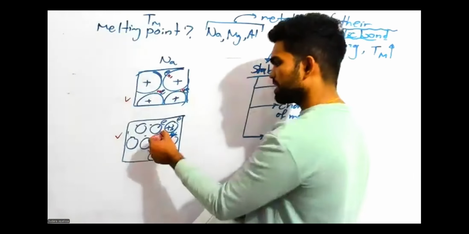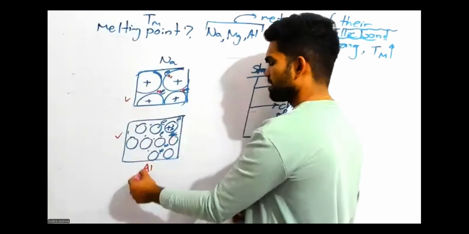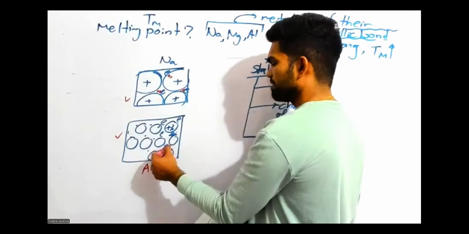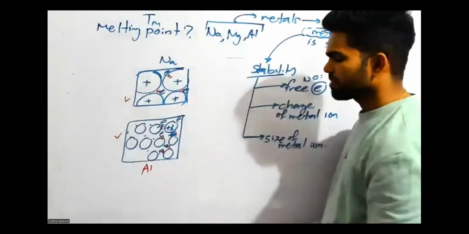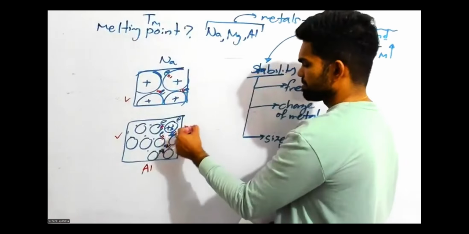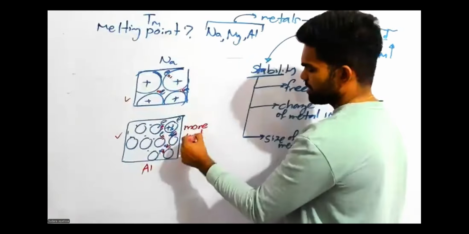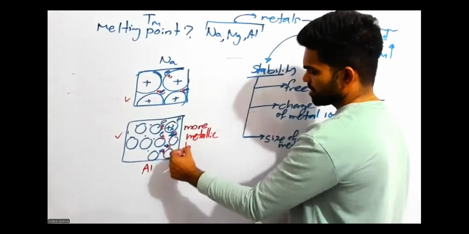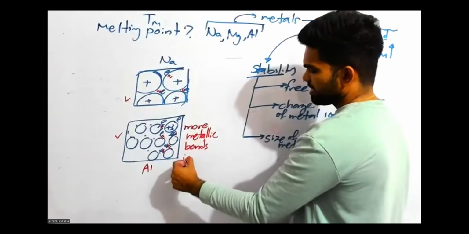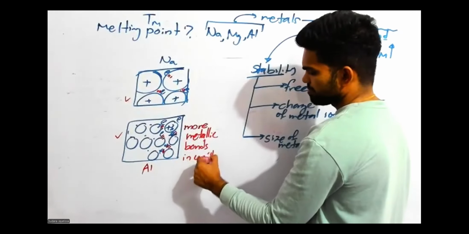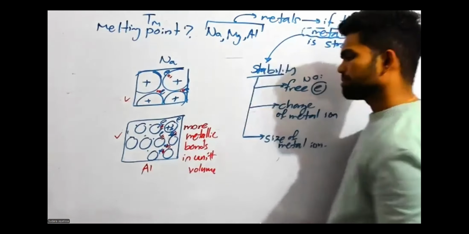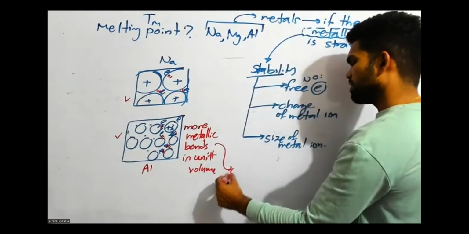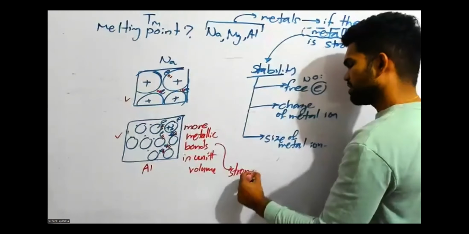But if you take aluminium, the other example, you will have a very high number of metallic bonds, so more metallic bonds in unit volume. So that means this one is stronger.